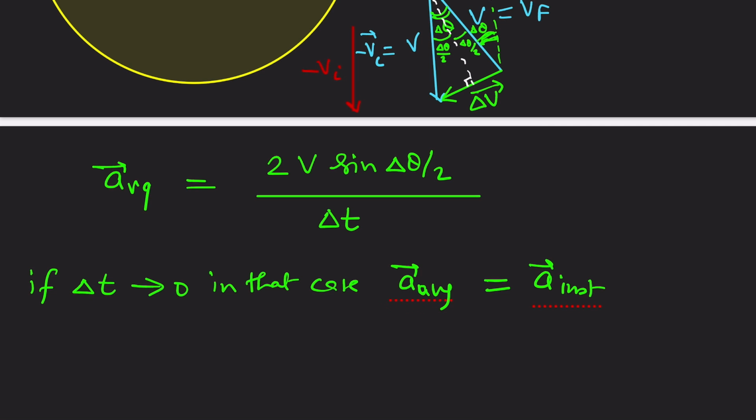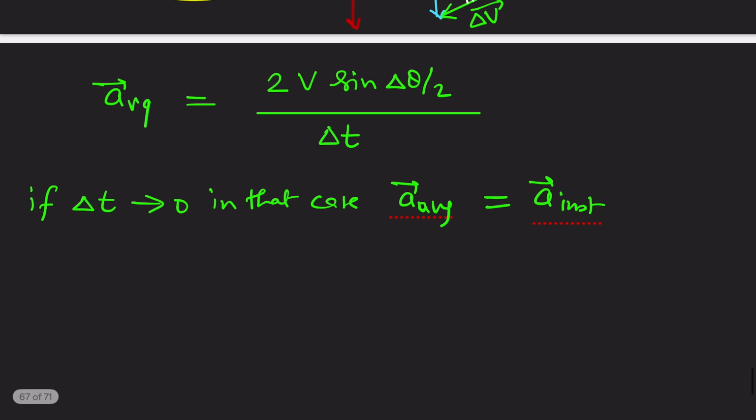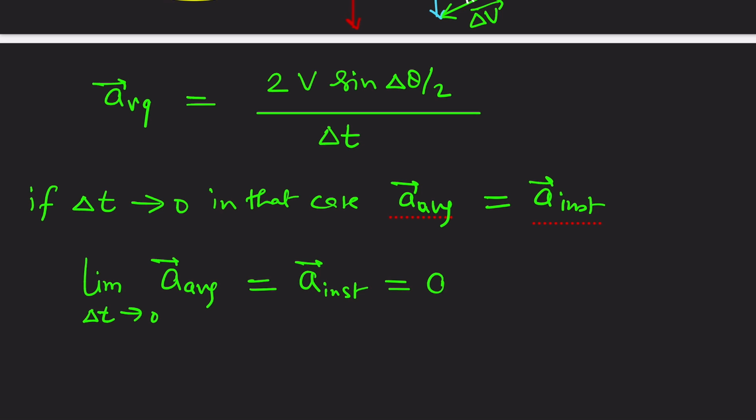So in that case, let me write down: limit delta t tends to 0, a average will become your a instantaneous, and that is of course a centripetal, we know already, and that will be equal to 2v, and delta theta will also become very, very small.